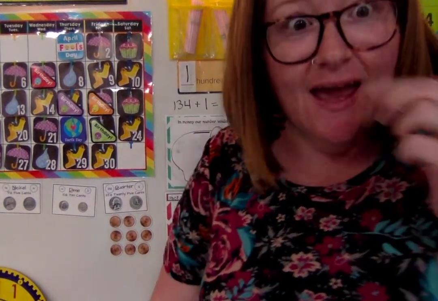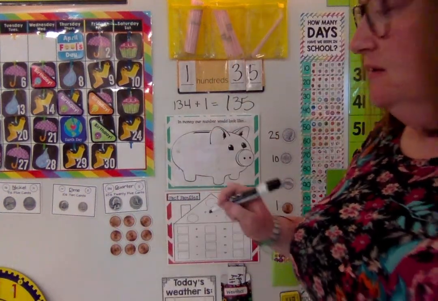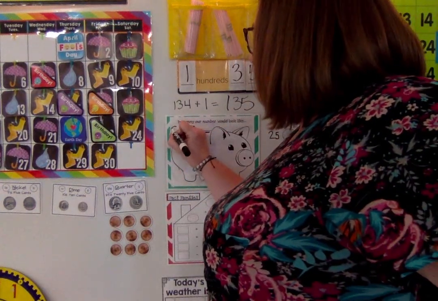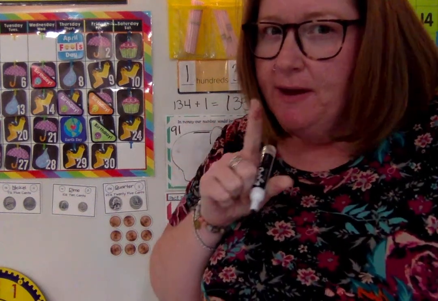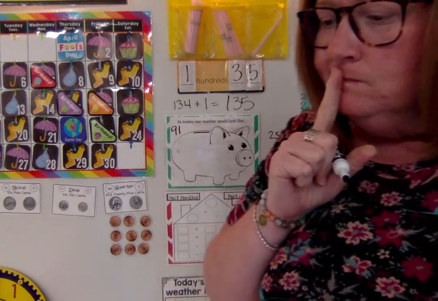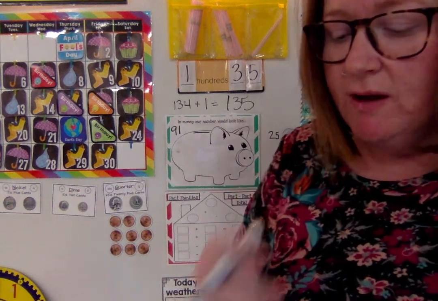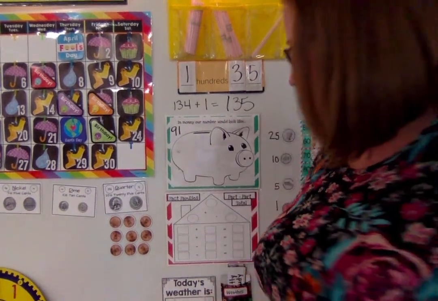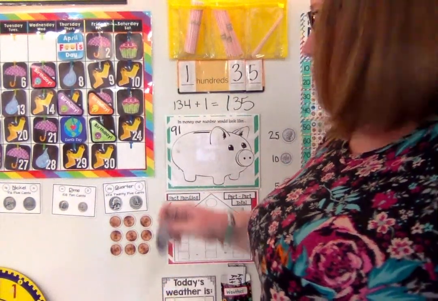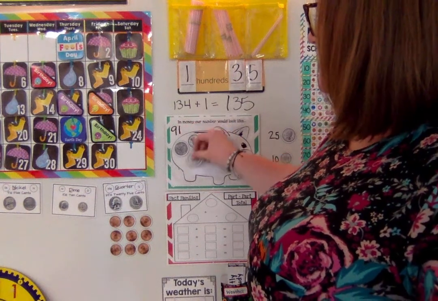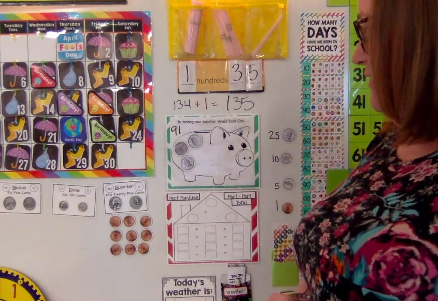Okay, today we need to put 91 cents in our piggy bank. If I start with my quarter, 25, 25, 3 quarters was 75.